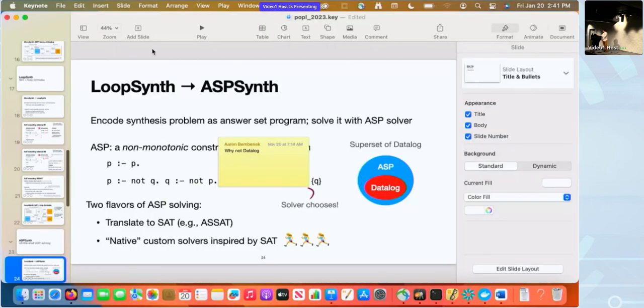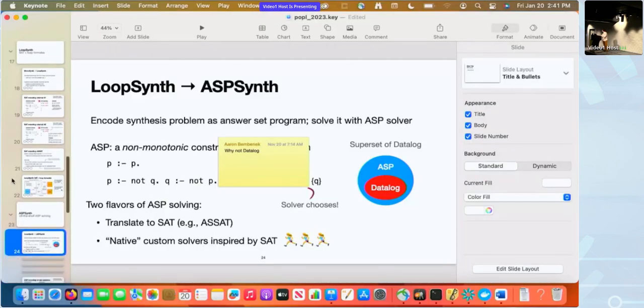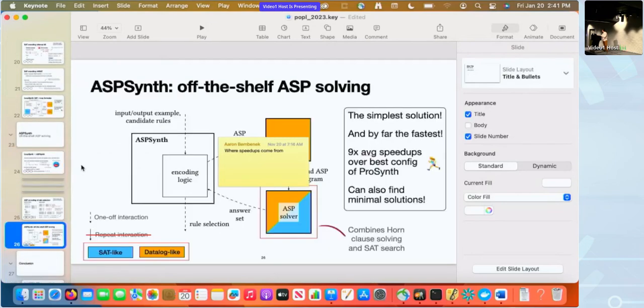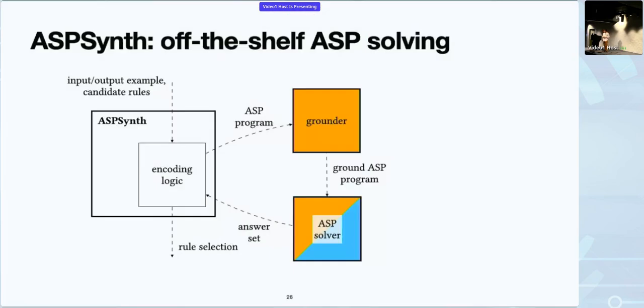Essentially, the way that ASP solvers work is typically they have this grounding phase before a solving phase. As you can see, the grounder passes stuff to the ASP solver. And this, in practice, can be one of the big bottlenecks for ASP solving. So in the benchmark suite we were operating on, the problems are pretty small, so it wasn't a problem.